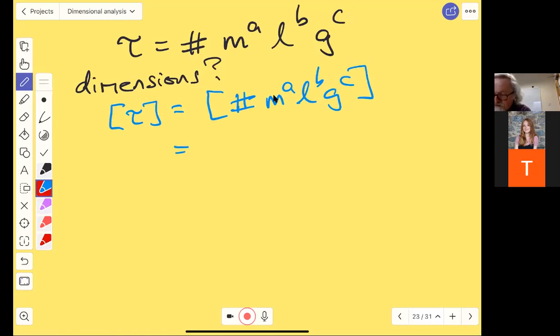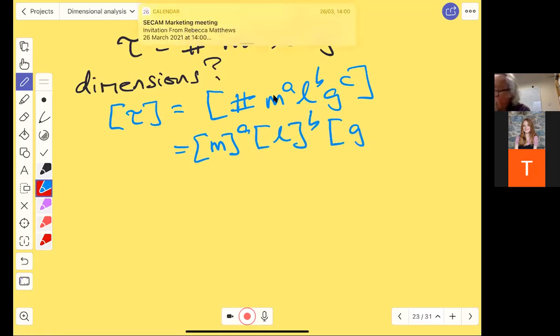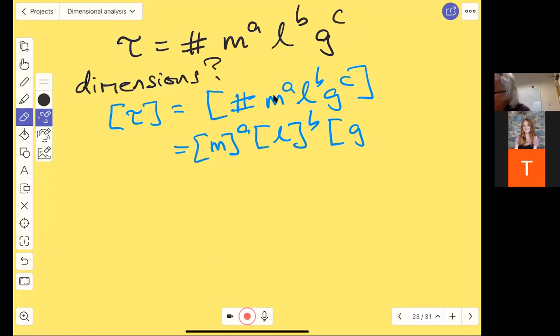Now, we can break this up into products of the dimensions of the number, but that is just a number, it doesn't have any, times the dimensions of mass to the a, times the dimensions of the length of the pendulum to the power b, times the dimensions of the acceleration due to gravity, that will go in a moment, to the power c.